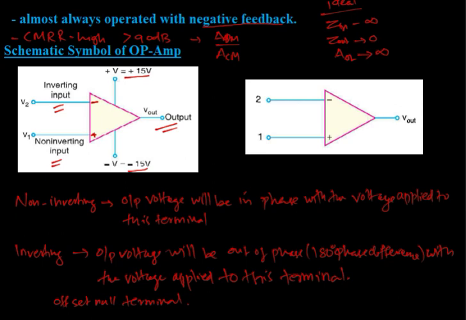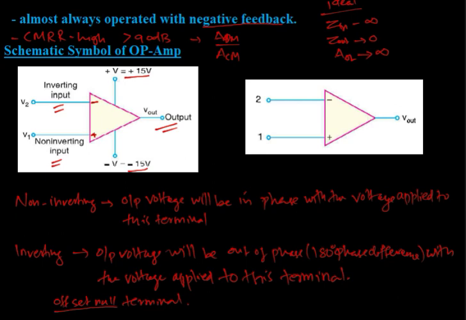In certain cases, if there is output voltage even when the two input voltages are the same, then we have to apply proper voltages to the two terminals named offset null terminals in order to make the output voltage 0. So there is a plus offset null terminal and a minus offset null terminal in an operational amplifier. So those are the different terminals of an operational amplifier.